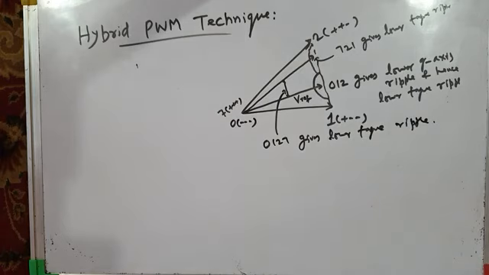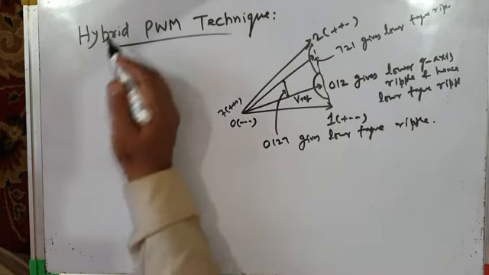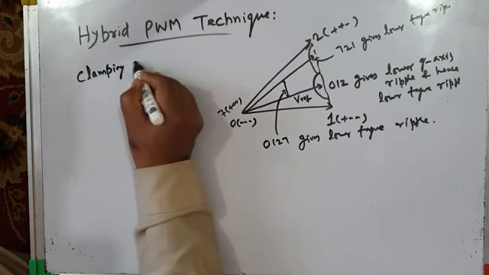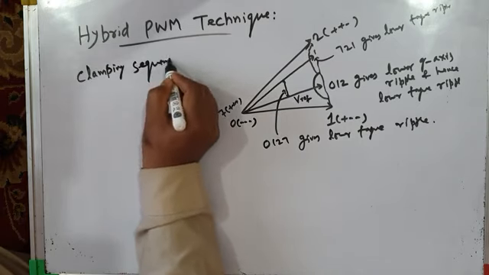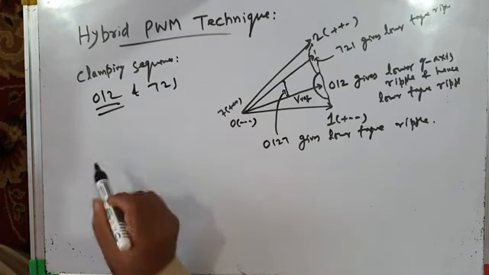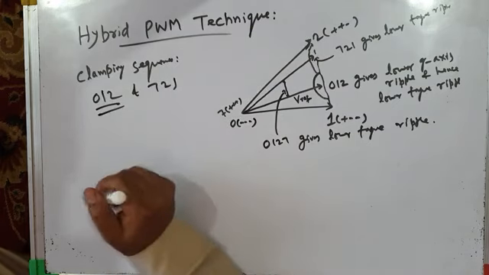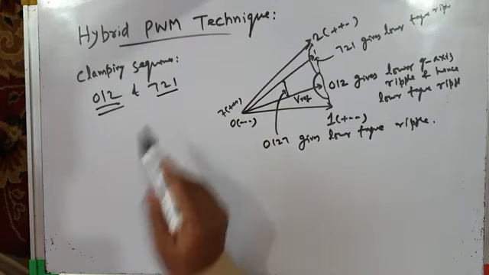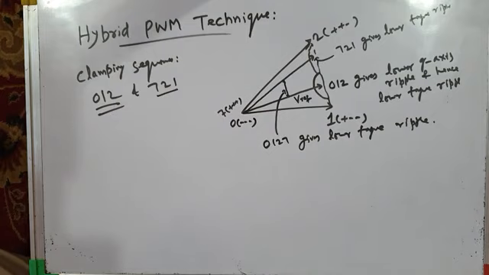Just recall what we have discussed when we were discussing various clamping sequences. I will write here clamping sequences 012 and 721. The clamping sequence 012 results in clamping of a particular phase leg to the negative DC bus. This one results in clamping to the positive DC bus. Anyway, we have discussed these clamping sequences.